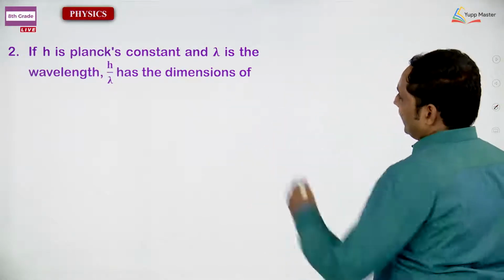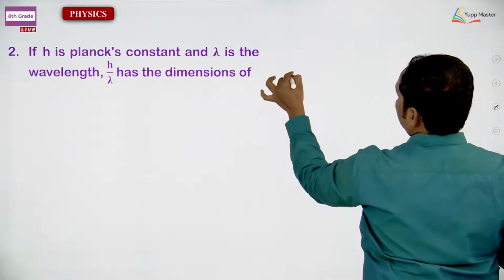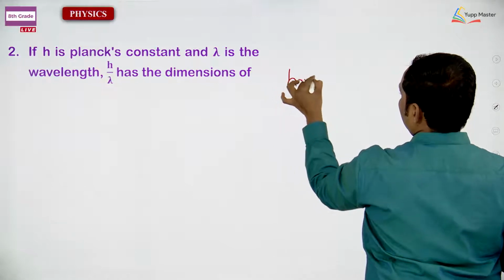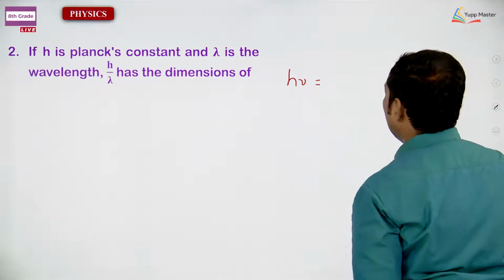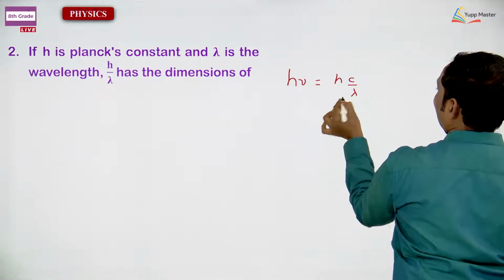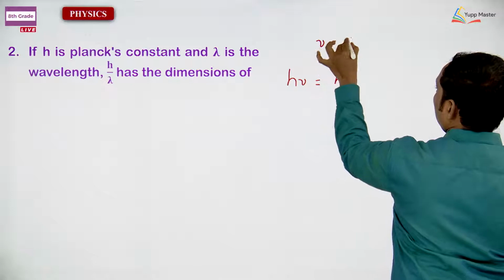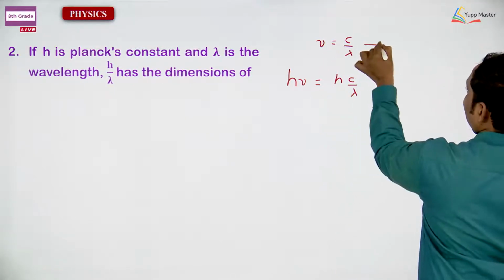Let's talk about this one. You know very well about h nu. You are going to take h into c by lambda, because nu is equal to c by lambda. This is the first one.